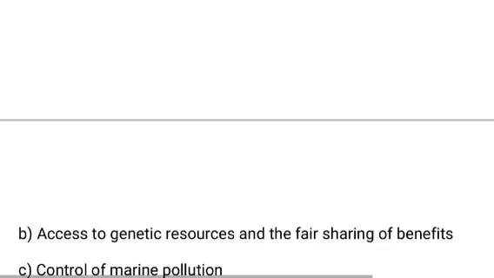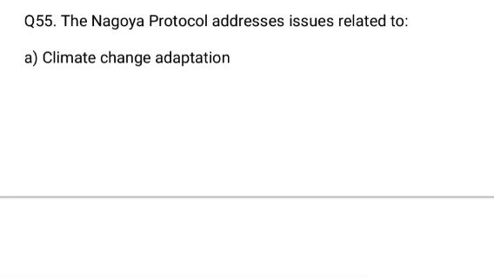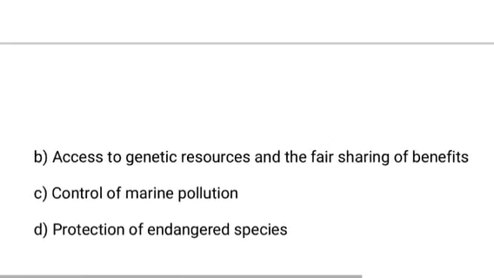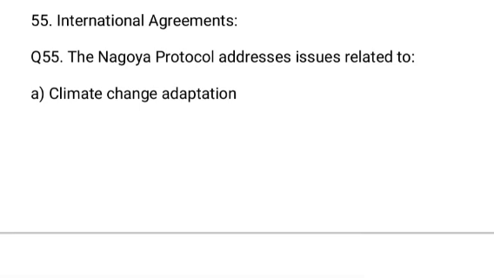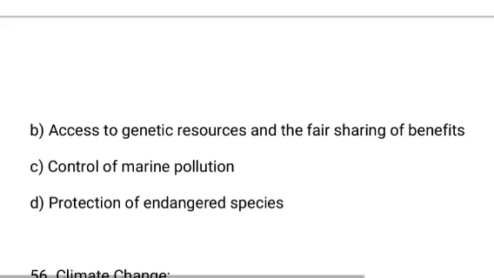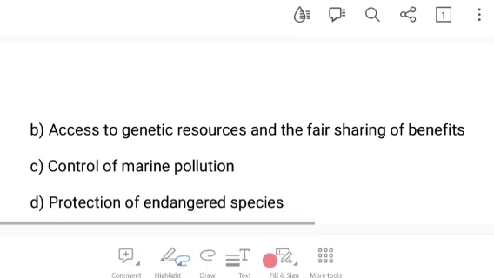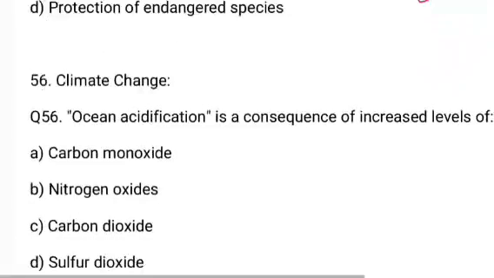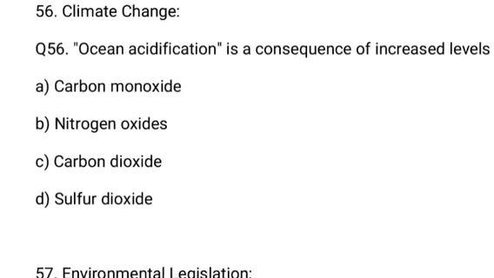So it will be what? It will be carbon capture. No, not carbon capture. It will be access to genetic resources and the fair sharing of benefits. This will be correct.